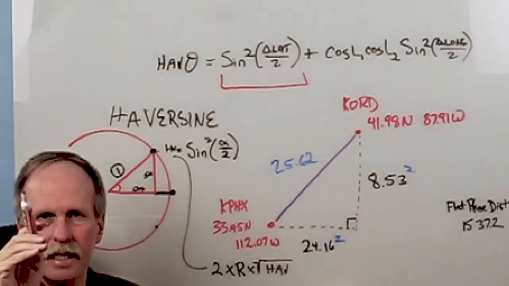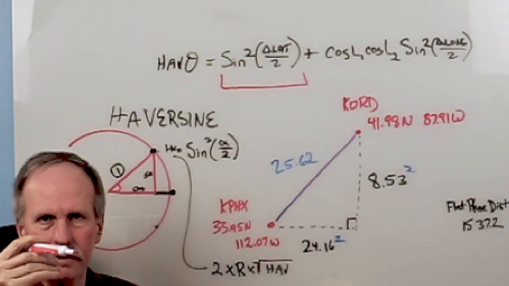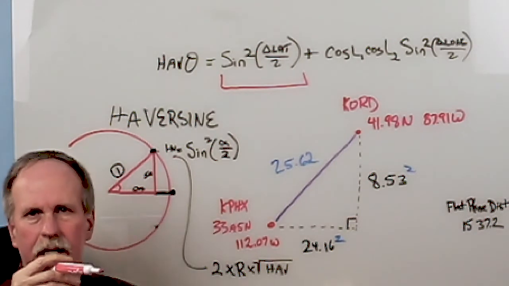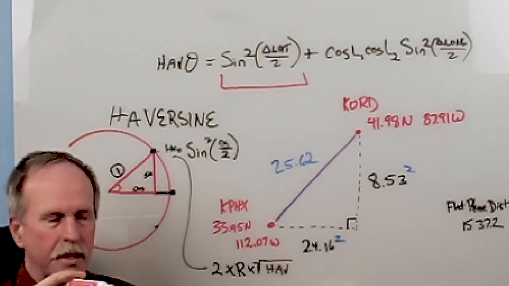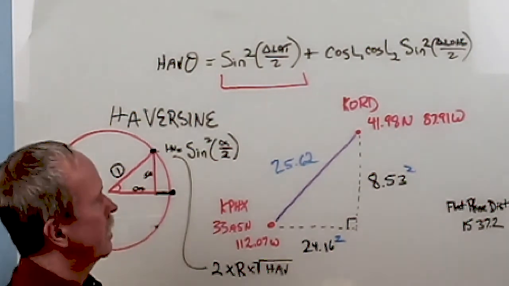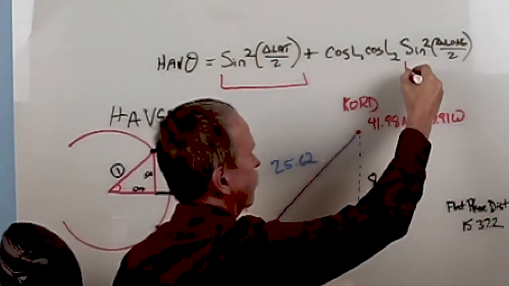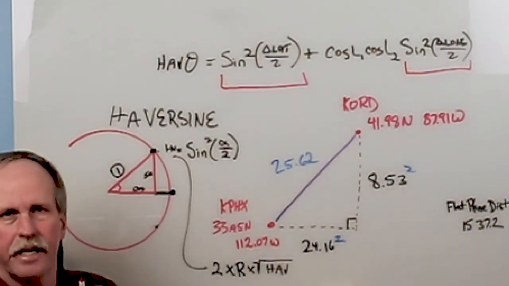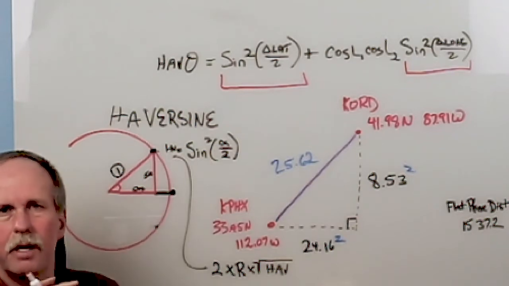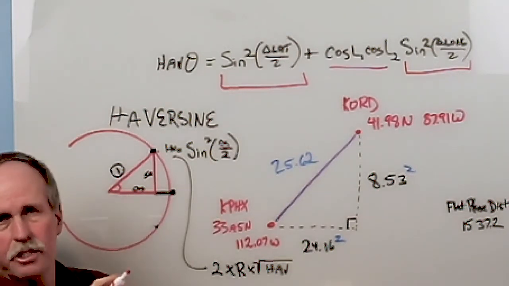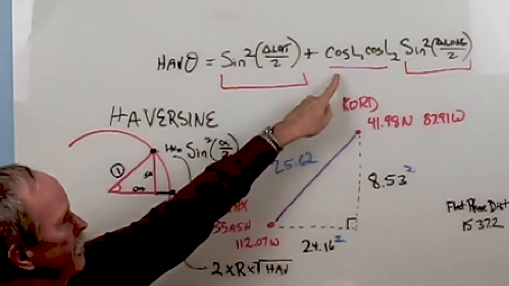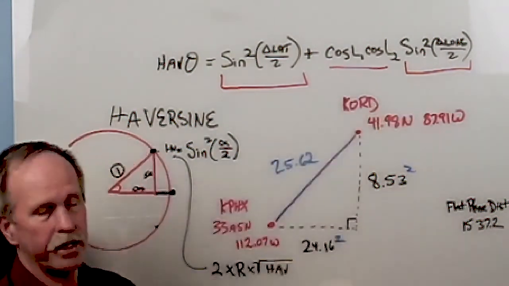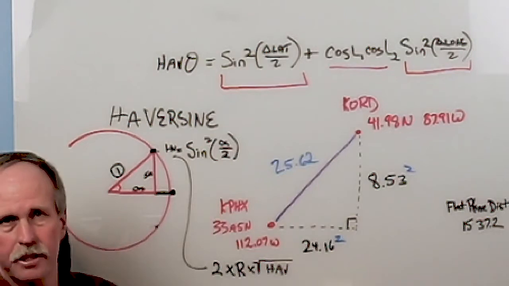But if we're going down and over, that changes the length of the segment connecting the ends of those 2 triangles. So we have to take that into account. That's why you see right here, you have the haversine of the change in longitude as well. You also have to take the cosine of the starting latitude, the ending latitude, and then you multiply it by the haversine of the change in longitude.